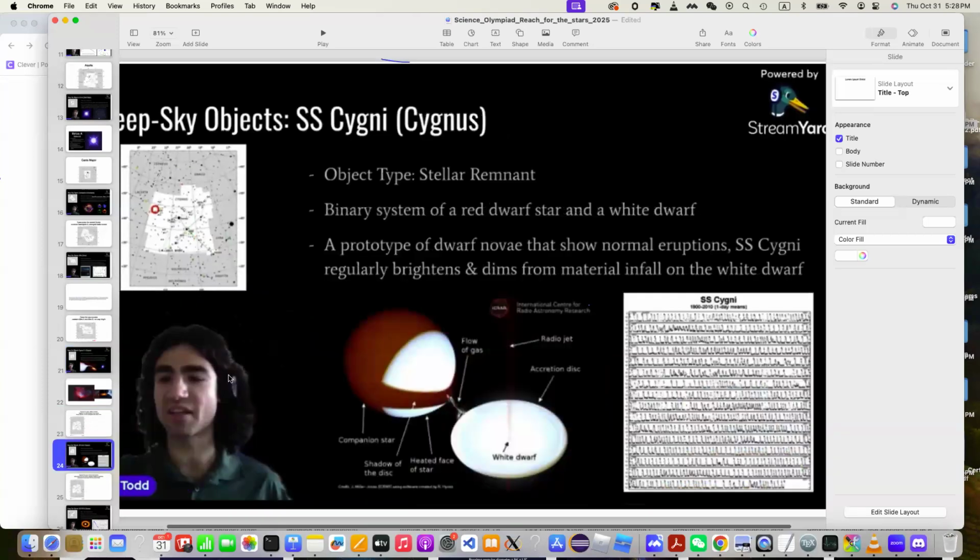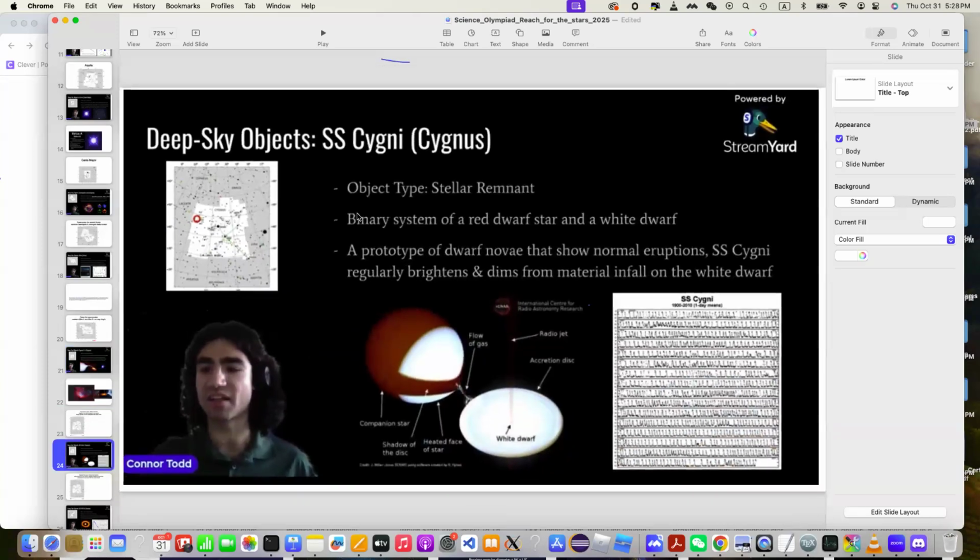Okay, the next object is SS Cygni, and it is also in Cygnus. So this is the only constellation that has two deep sky objects. SS Cygni is a stellar remnant, and it is a binary system of a red dwarf star and a white dwarf. So two dwarfs, but one is red and one is white.